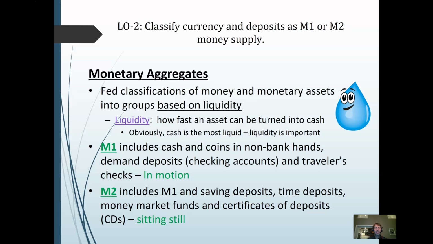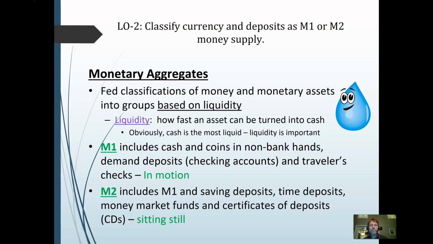So monetary aggregates, the amount of money in the system, can be classified as M1 or M2. And liquidity is just a fancy financial term to say how easily can we turn something into cash. So the easiest thing to turn into cash is cash.